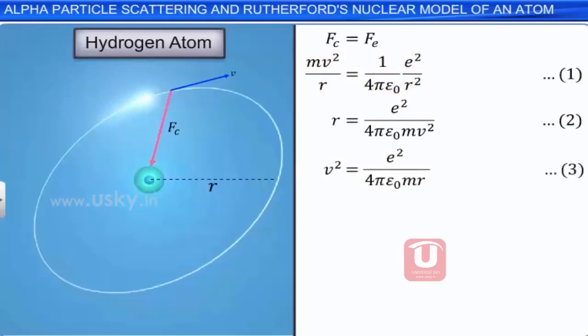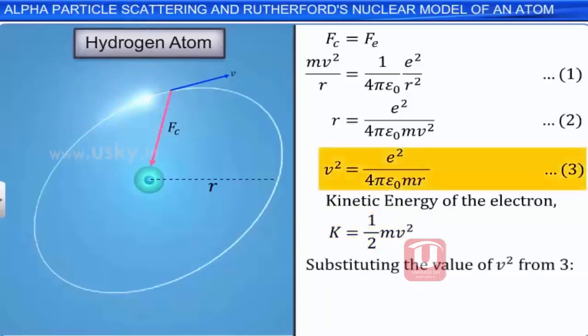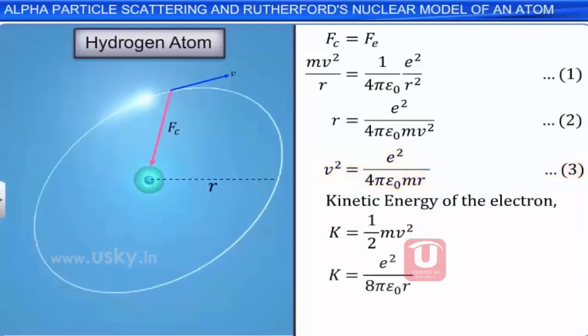The kinetic energy of the electron in the hydrogen atom is K and is equal to half m v squared. Substituting v squared in the expression for kinetic energy, we get K is equal to e squared by 8 pi epsilon naught r. Let this be equation 4.